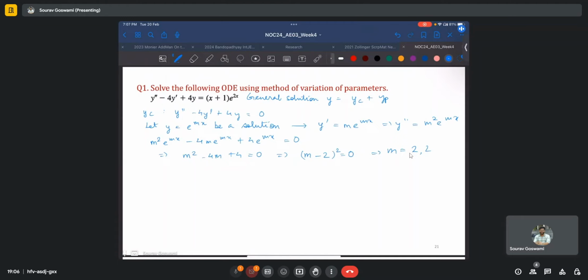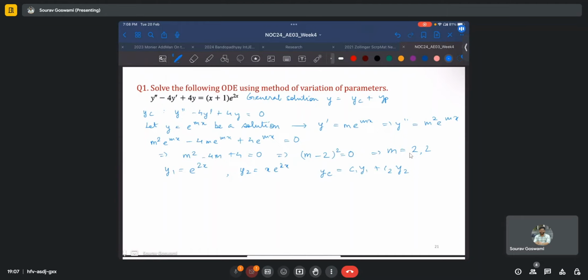We know that when we have real repeated roots, the solutions are y1 equals e power mx, so e power 2x. And to have a linearly independent solution, the easiest way is to multiply it with x. So y2 would equal x e power 2x. These are y1 and y2, and our complementary solution is simply c1y1 plus c2y2, a linear combination of the two.